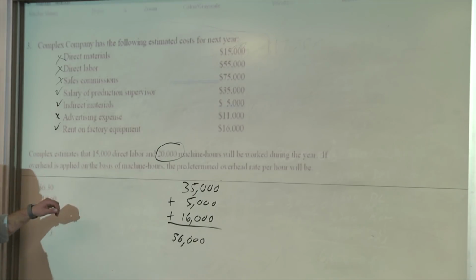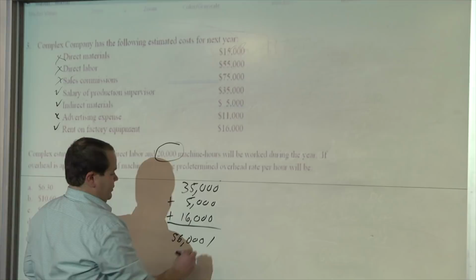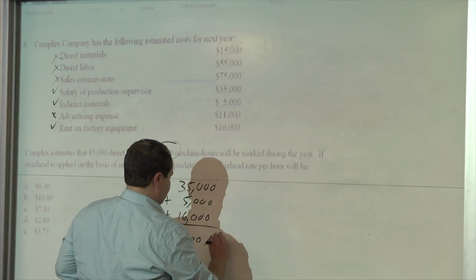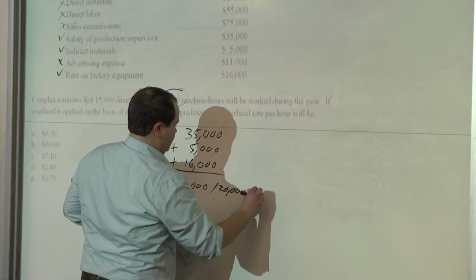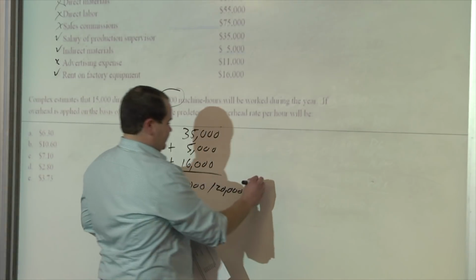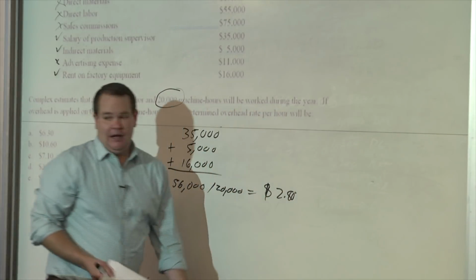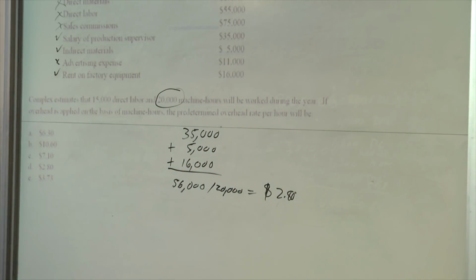What are we looking for, though? We're looking for the predetermined overhead rate based on machine hours. So total estimated overhead, divided by the estimated machine hours, and $2.80 is our predetermined overhead rate. And luckily, right there, choice D.